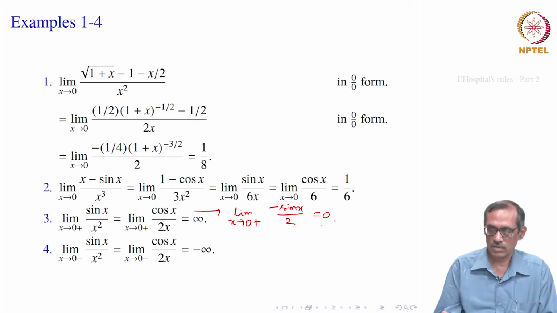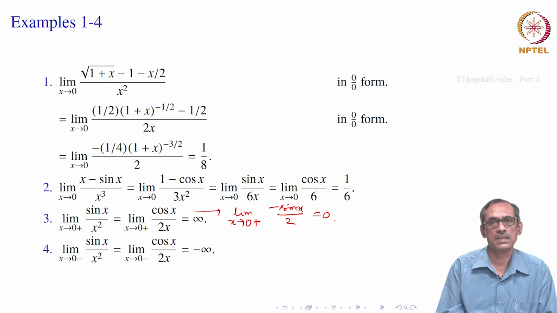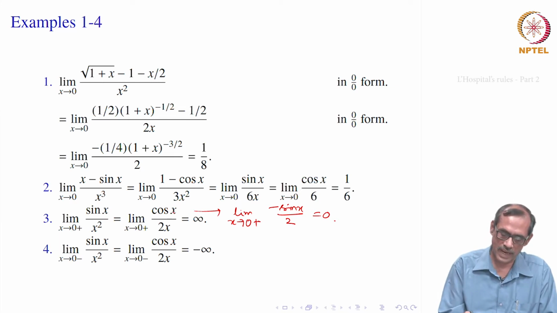So, what is wrong? Why does it give 0 and why does it give infinity? There is a simple reason. The reason is when you apply L'Hopital's rule, you must see that it is in 0 by 0 form. Now, cosine x as x goes to 0 plus really goes to 1.